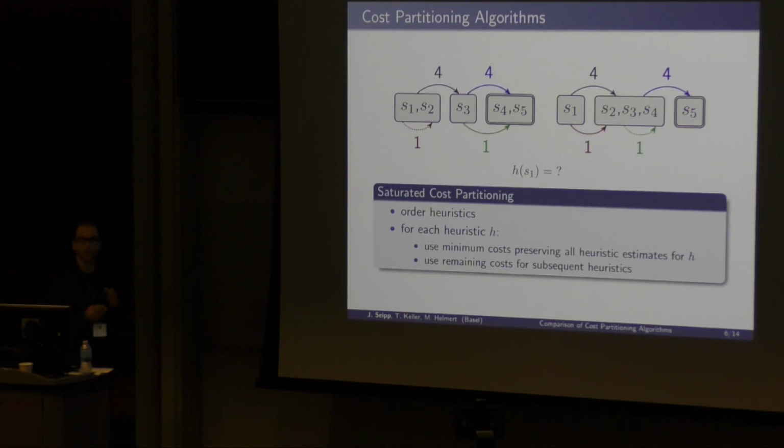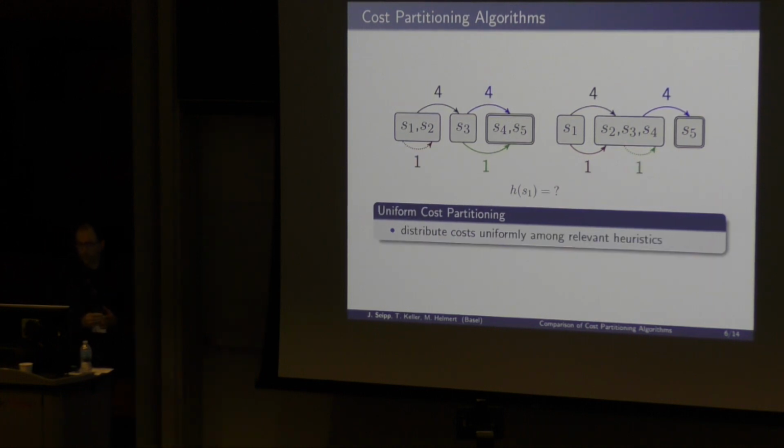And then we can use the remaining costs for subsequent heuristics. So in this example, we would only use costs of 1 here and save the other costs for the other abstraction, yielding a heuristic estimate of 5 plus 3 equaling 8.